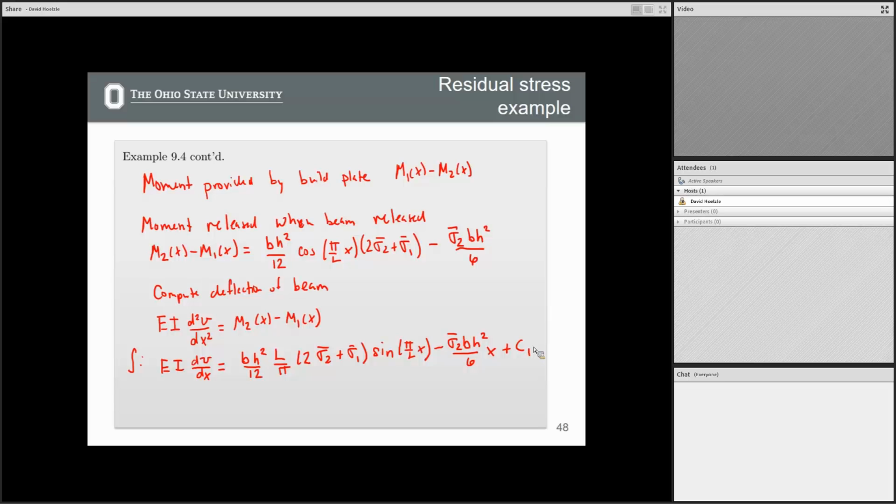Next, if I want to get deflection, that's integration again. Okay, just do the same thing. Now I'm integrating a sine function that turns into a negative cosine. Another L over pi comes out, so now I have L squared over pi squared.